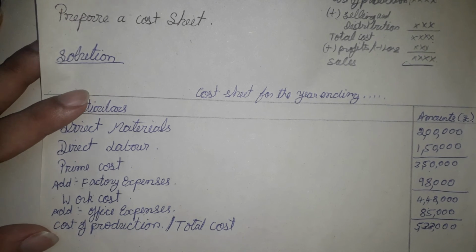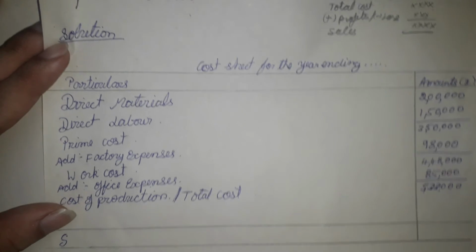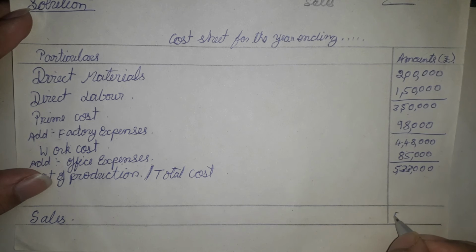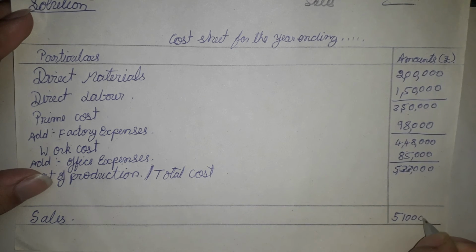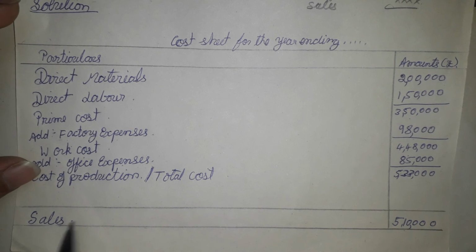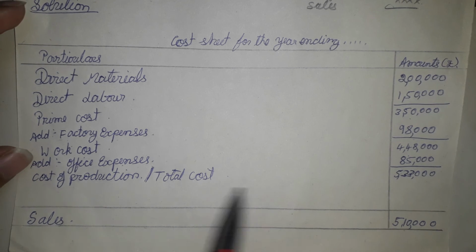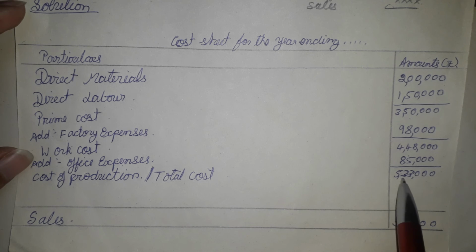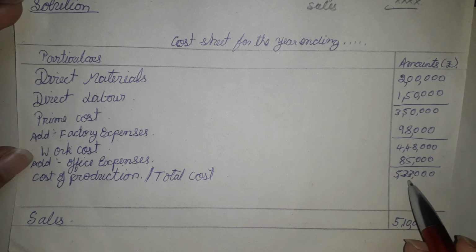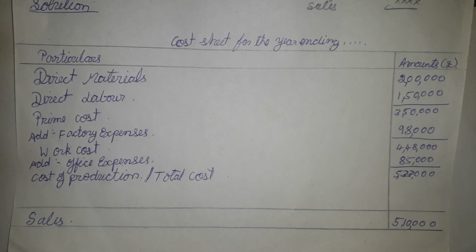To this, now we have sales which is given to us finally, right? So sales is given as 5,10,000. So we record it directly. So this is our total sales, which is 5,10,000, and our cost of production or total cost is 5,33,000. So to arrive at either our profit or our loss, we have to subtract our sales minus our cost, which we have known from a long time, right?